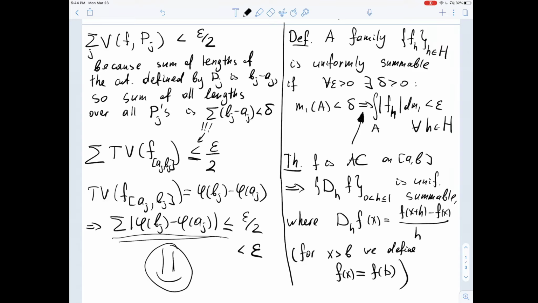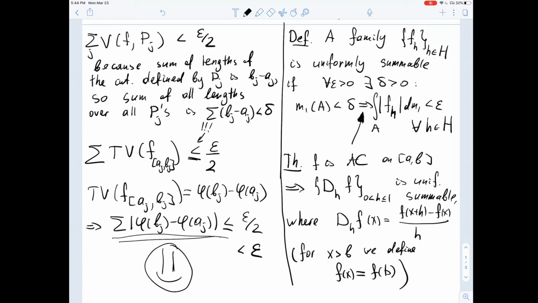Alright, so why do we need this? Well, because as I said, it will significantly help us to pass to the limit under the integral, and when we pass the limit as h goes to 0, we definitely get the derivative of f. So we somewhat want to improve on this Fatou lemma that we used to show that the integral of the derivative is less than f of b minus f of a.